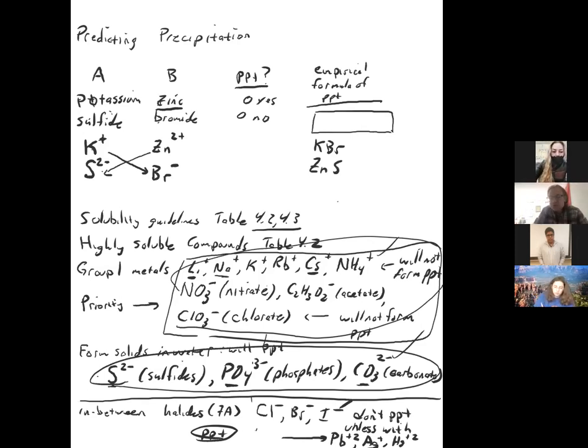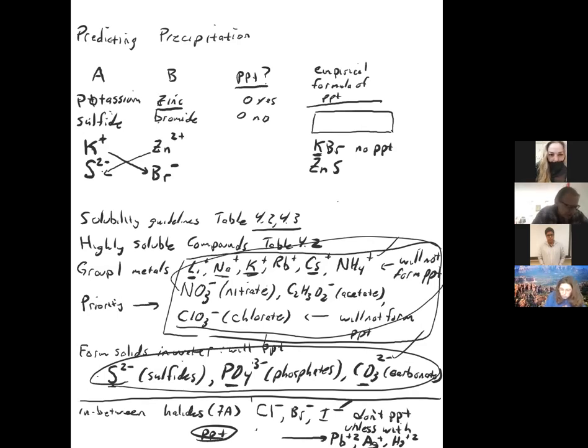Now you use your solubility guidelines. What you do is you look, okay, first compound, potassium. That's right here, always soluble. Always soluble means no precipitate. Okay, so that is not going to be the formula for the compound that forms a precipitate. Let's look at the second one.